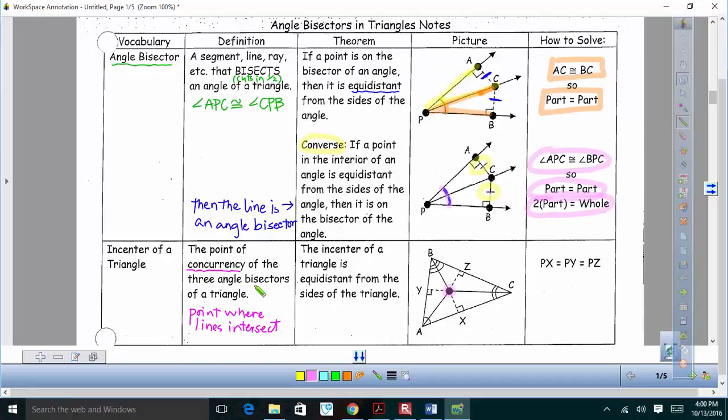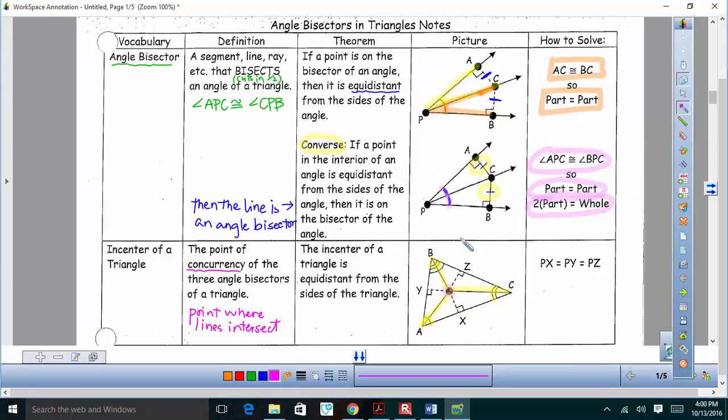It is where all three angle bisectors meet. So if I look at the angles, I have angle B, I have angle C, and I have angle A. Now the bisectors coming out of them are all intersecting at this one place called the incenter.